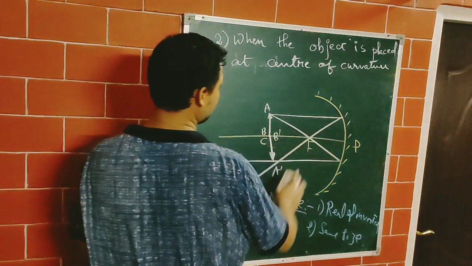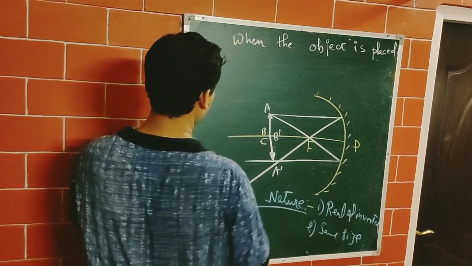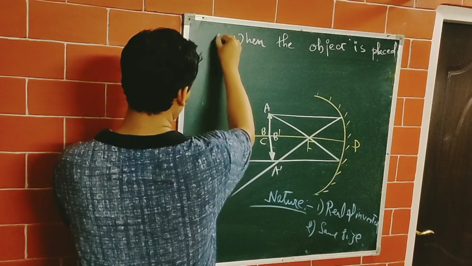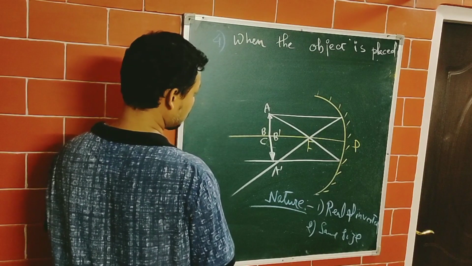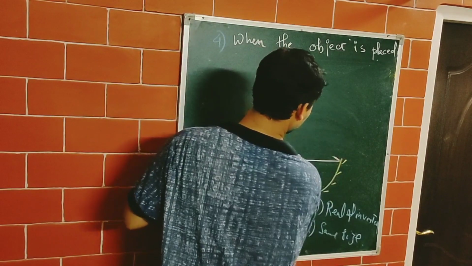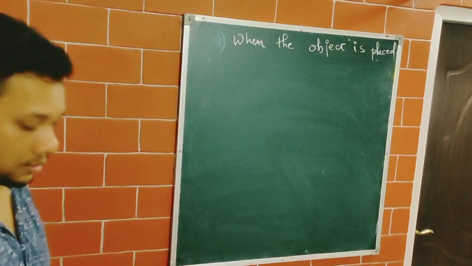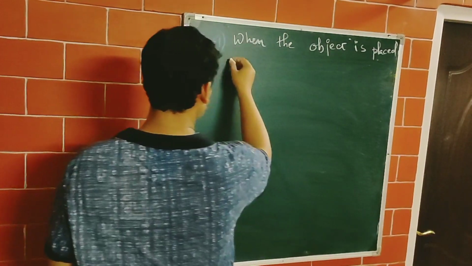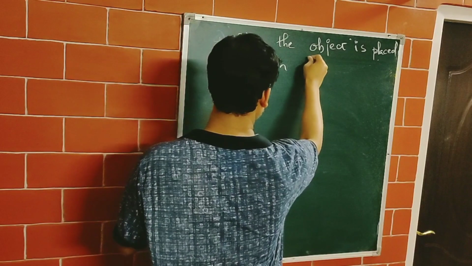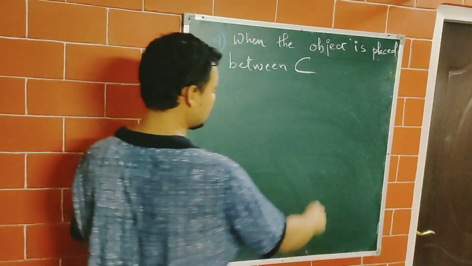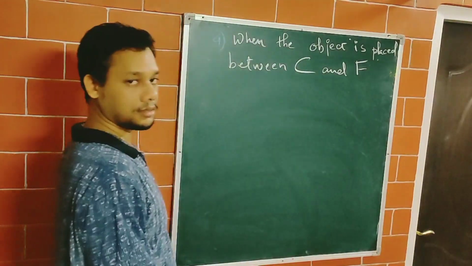Next, when the object is placed, this is the fourth point. When the object is placed between C, means center of curvature, and F, focus.